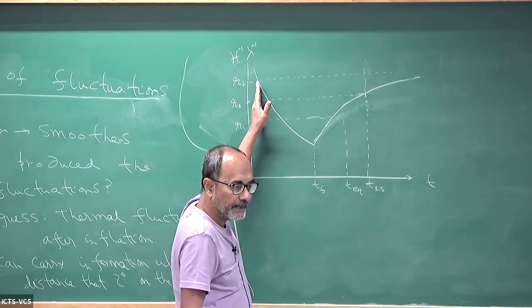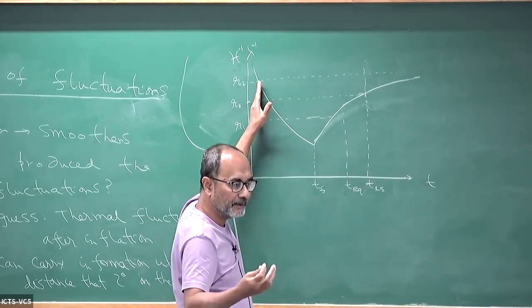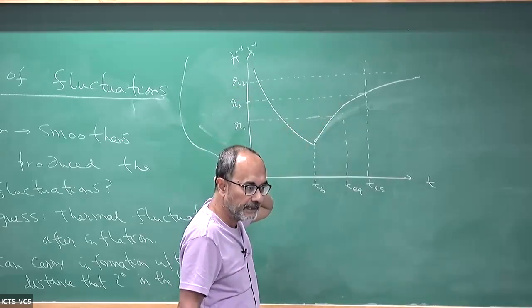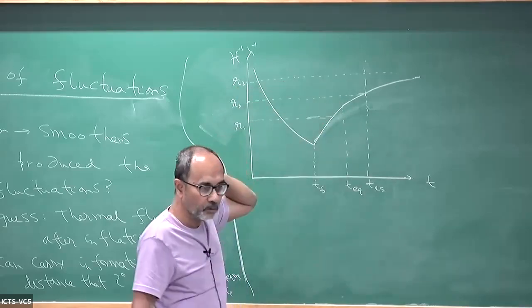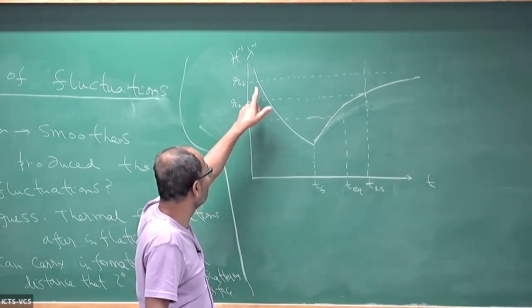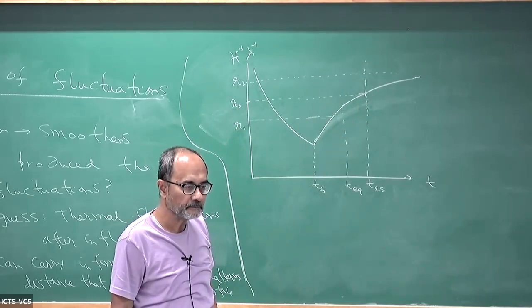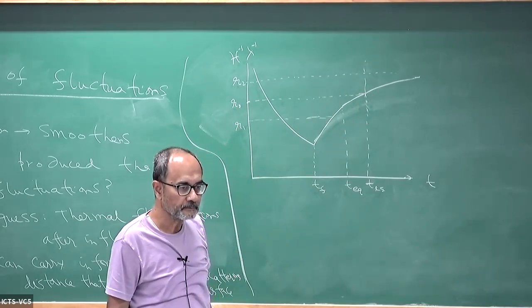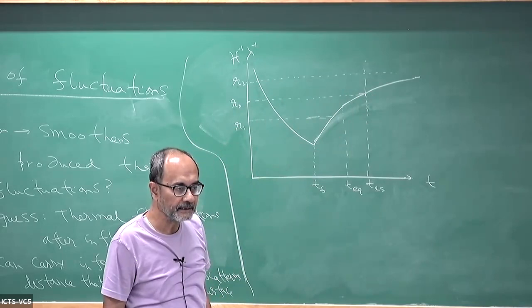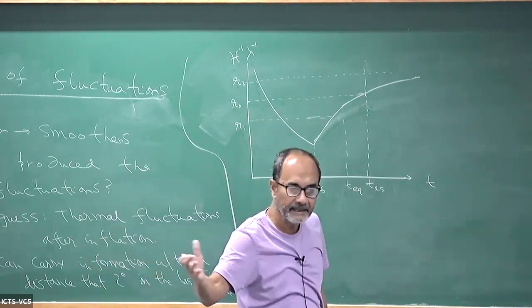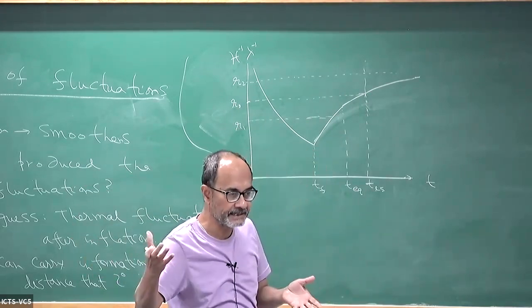The maximum length scale that the microscopic physics can affect remains below R2. So fluctuations at length scale R2 cannot get any contribution from here onwards. Is this clear? It's too big. If the scale is too big, H inverse lambda inverse doesn't exceed that scale.